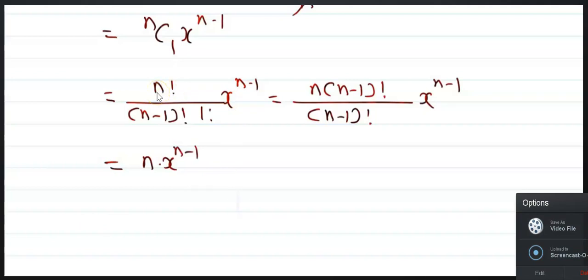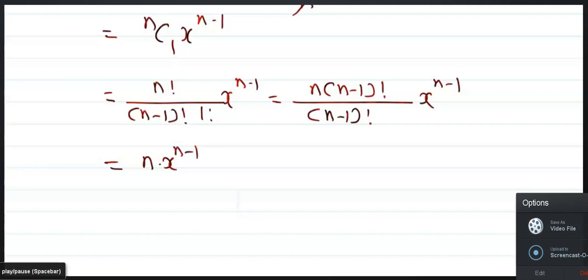Now this n factorial can be written as n into (n minus 1) factorial upon (n minus 1) factorial. Now (n minus 1) factorial and (n minus 1) factorial get cancelled. That is n into x^(n-1).